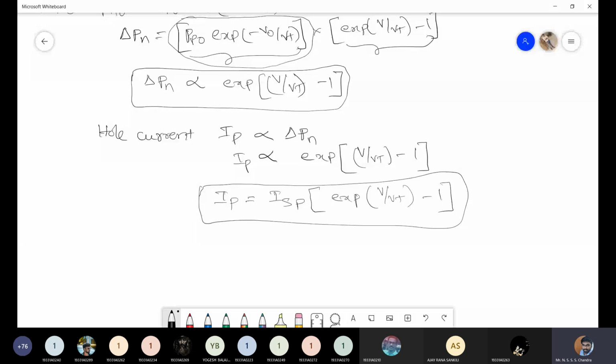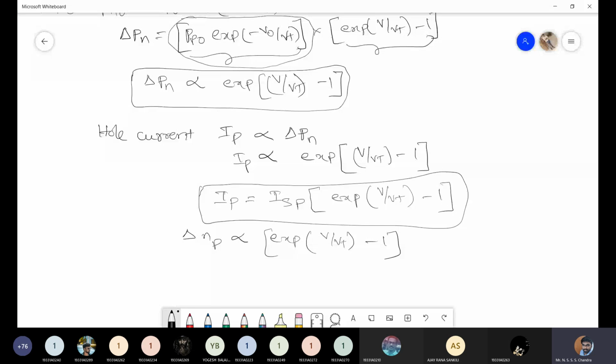Okay, in a similar way, if you do it for the electrons moving from N side to P side, so electrons injected into the P side, I will get delta Np. So delta Np, the electrons injected from N side to P side, will be proportional to exponential of again V by Vt minus 1. I'm not repeating the derivation again.